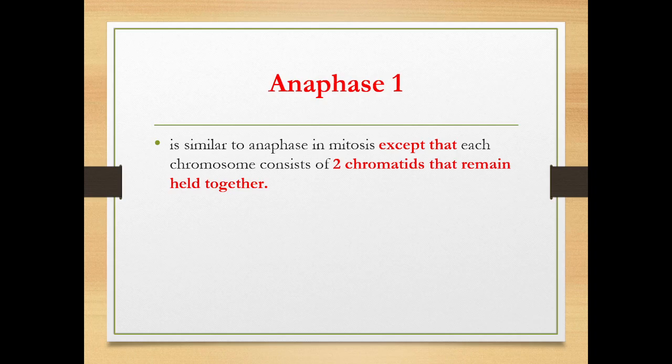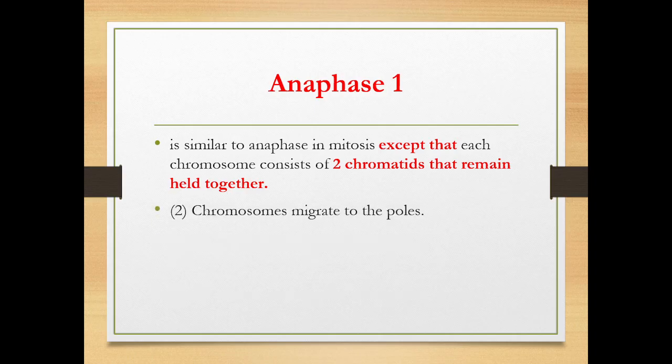In some exam questions, they will ask you the difference between anaphase in meiosis and anaphase in mitosis. In meiosis, the chromatids are held together, but in mitosis they separate.